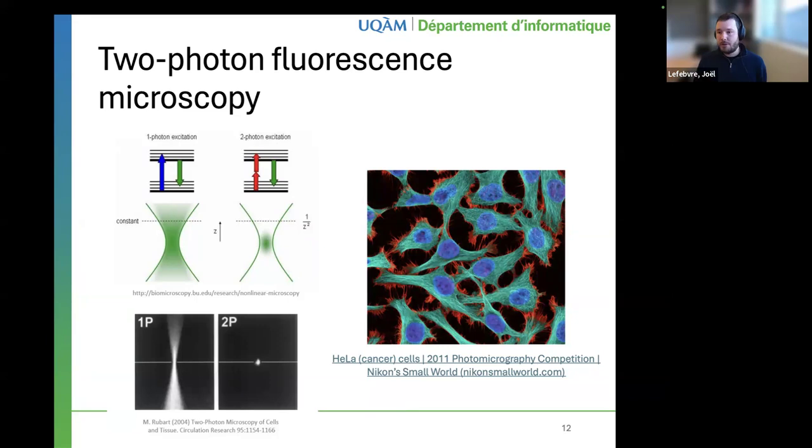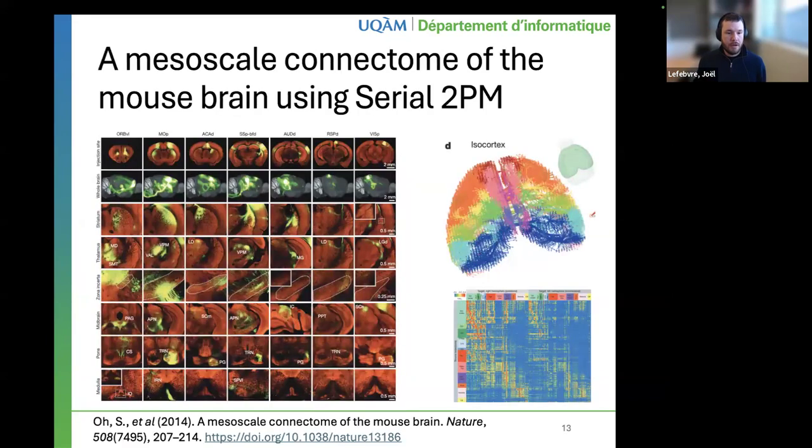The example I will show you is from this paper, the mesoscale connectome of the mouse brain, that was published in 2014. For this experiment, they injected a viral tracer that infected some neurons in the brain. For example, they can inject in the cortex here of the mouse.